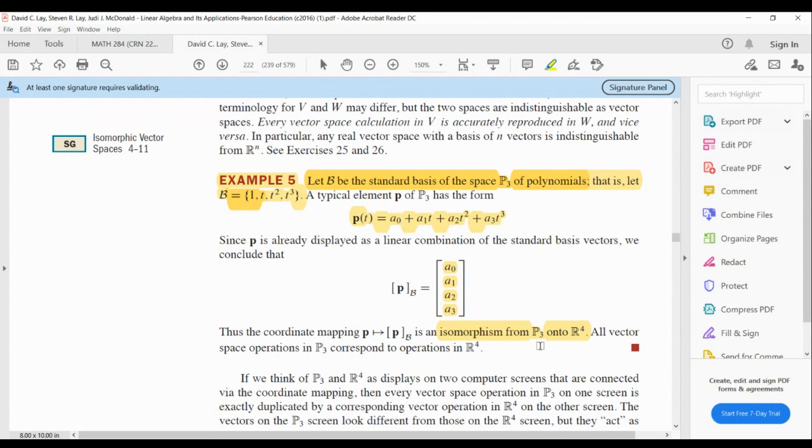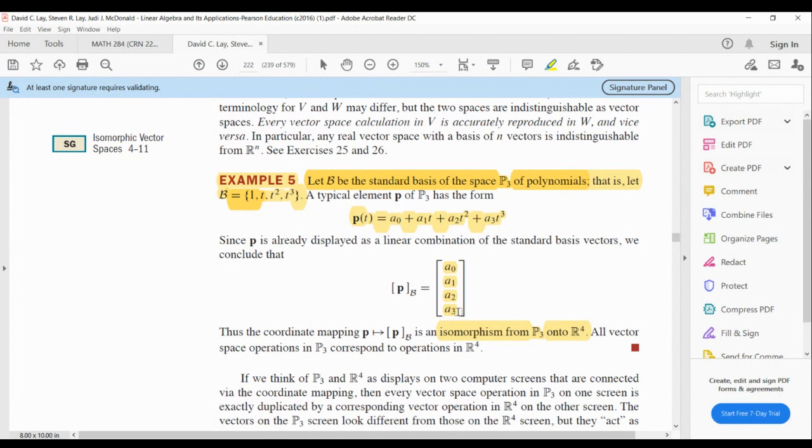You can map any third degree polynomial in that space to a coordinate in R4, because any third degree polynomial can be represented with four numbers, a0, a1, a2, a3. It's those coefficients that uniquely determine the polynomial.